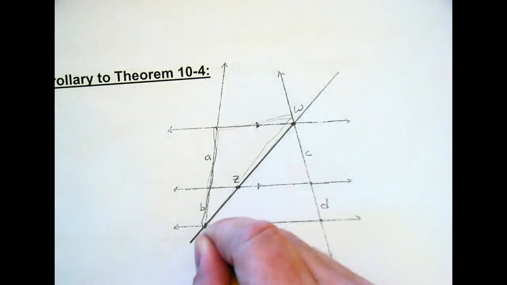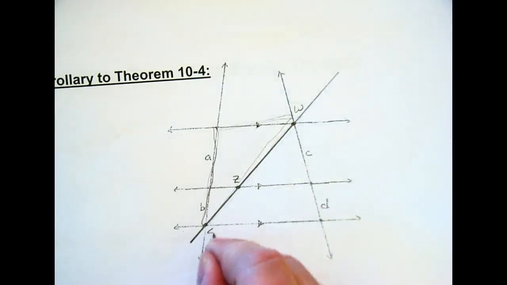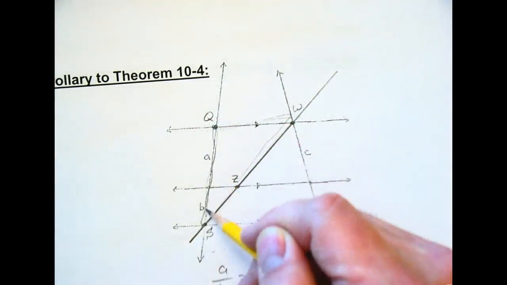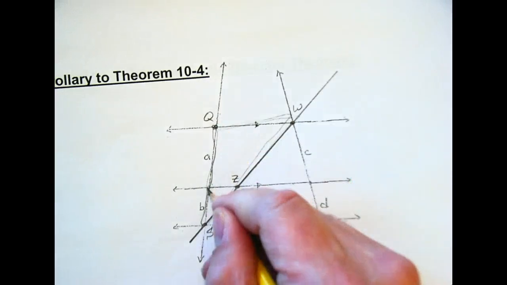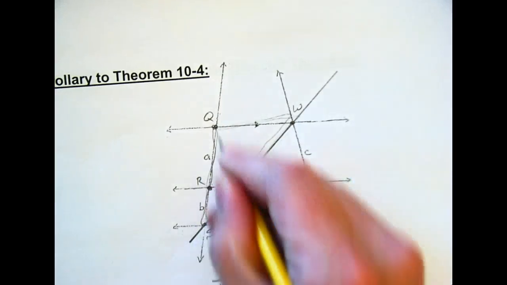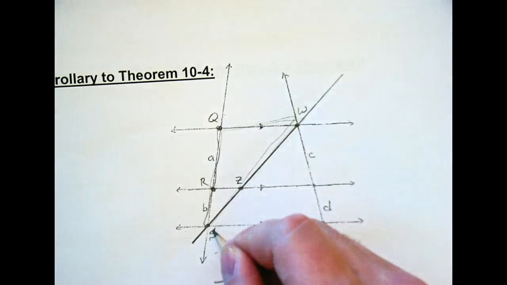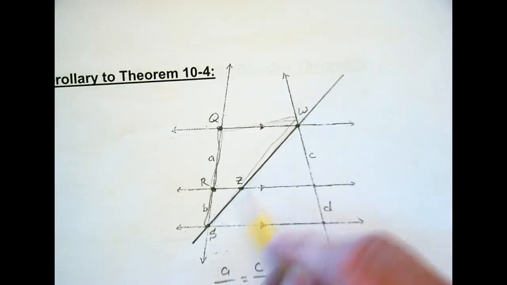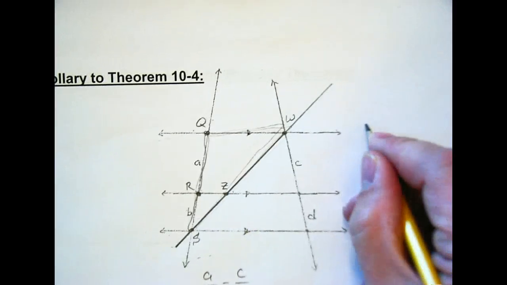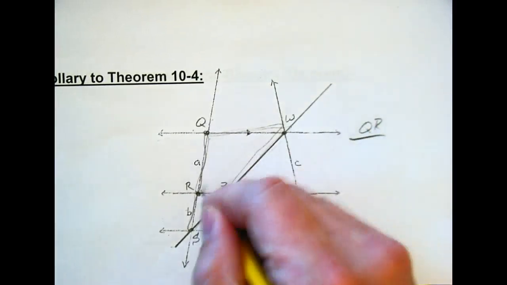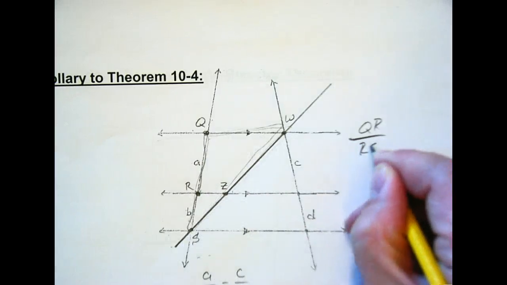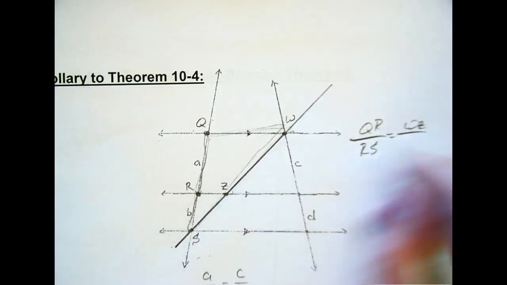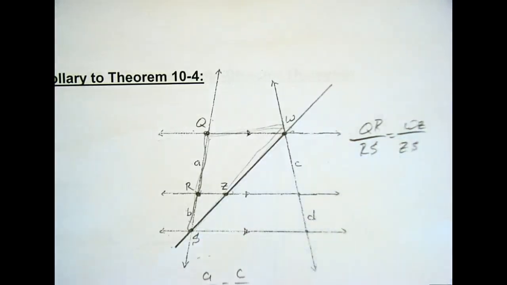And we've got this point that I'm going to call S, and this point Q. Let's call this R. QR is to RS as WZ is to ZS. Everyone agree with that? Based on the side splitter, this is to this as this is to that.